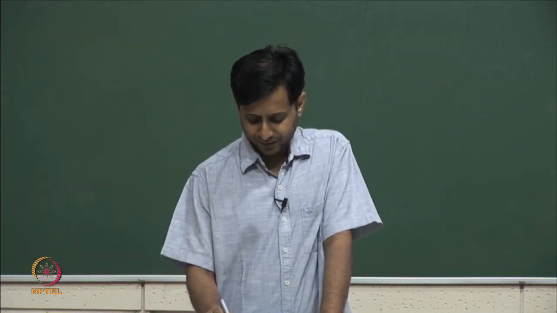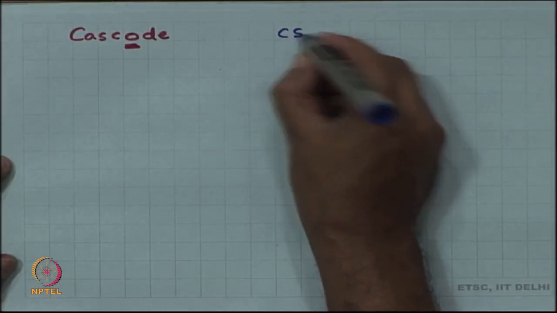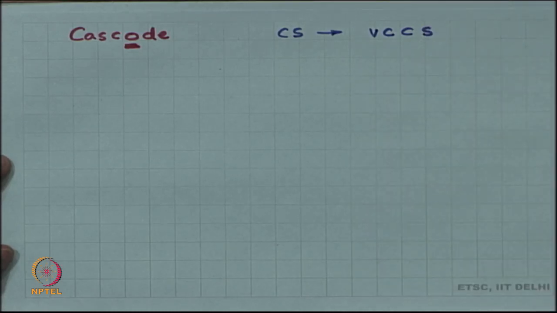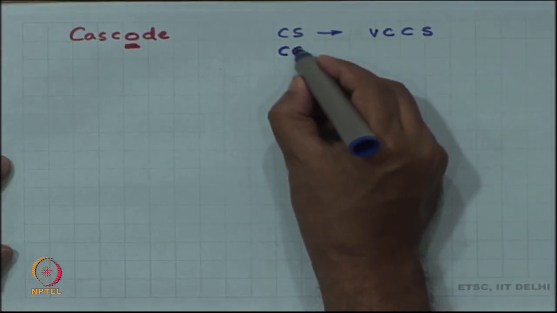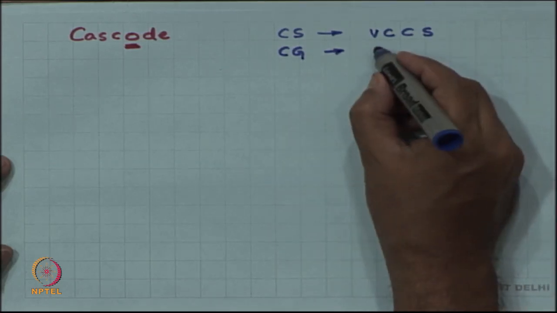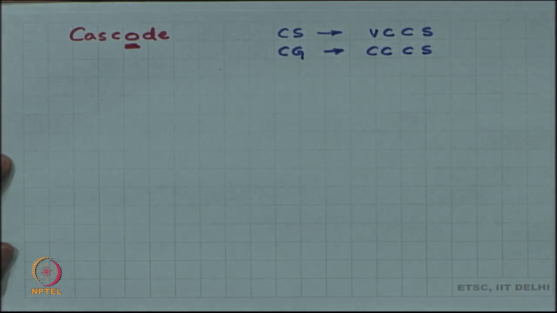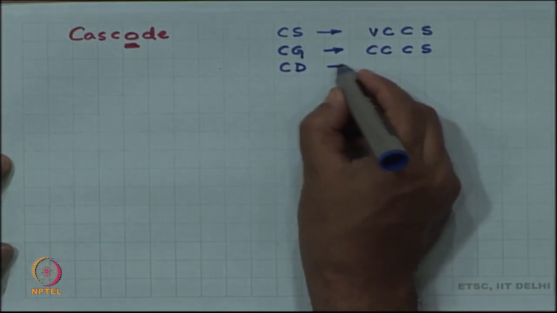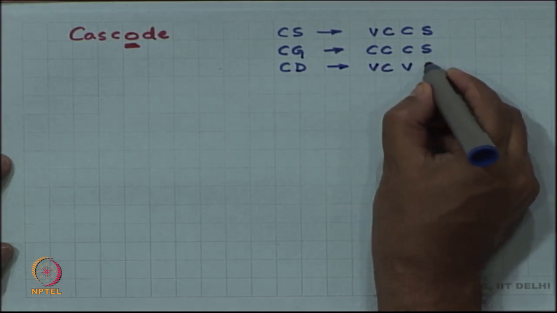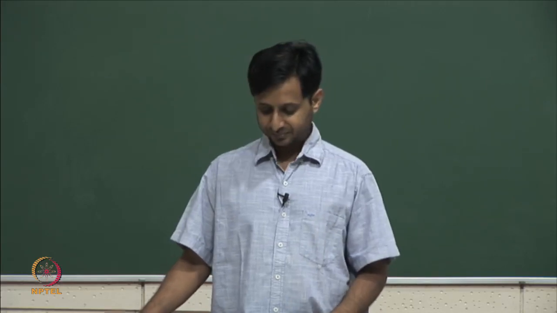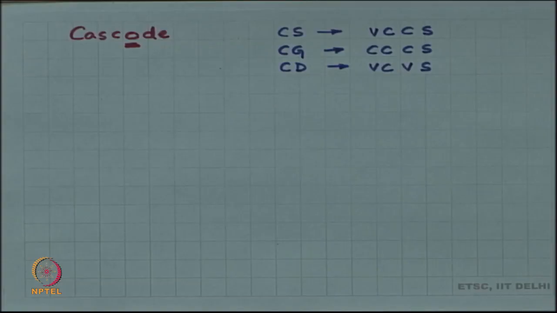And then we referred to the common source as possibly a voltage controlled current source, and the common gate as possibly a current controlled current source, and the common drain as a voltage controlled voltage source, right. So, we had these three possibilities. We did not really make a current controlled voltage source, but that is okay, you can make it with a combination.